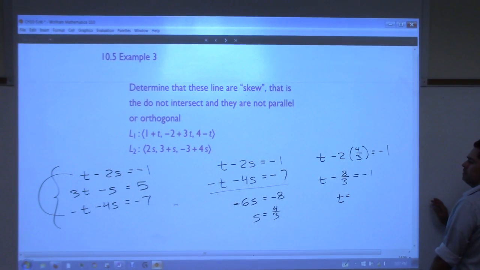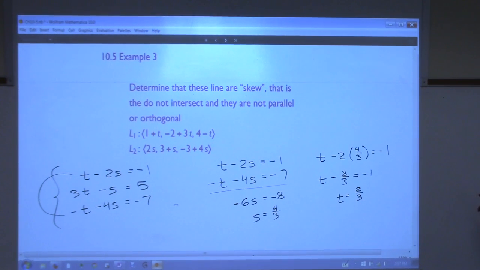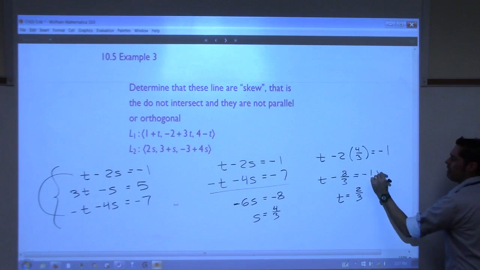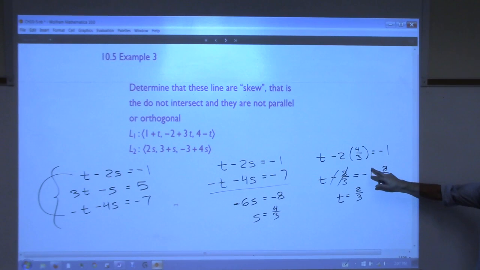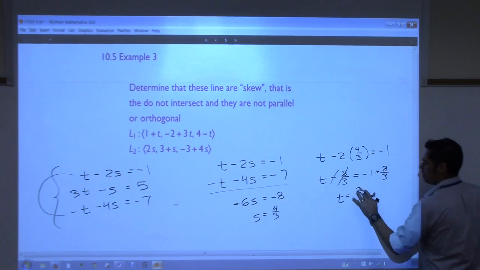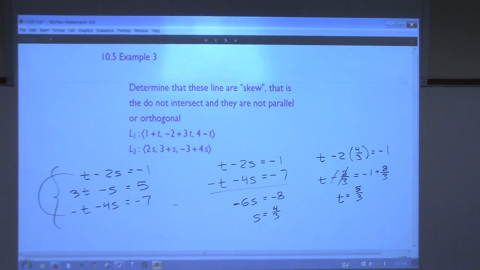No, that doesn't seem right. You're basically adding 8/3 to both sides right here. So that's negative 3/3. How did I do that? 5/3. What the? I'll tell you, my brain doesn't want to do arithmetic. Just does not want to do it. t is 5/3.